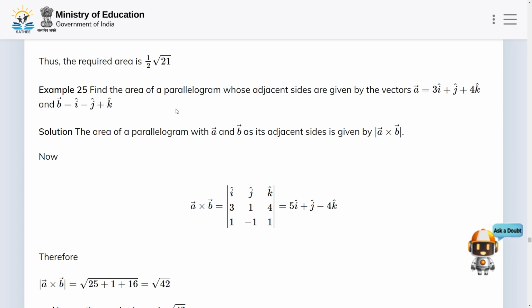Now next example, find the area of a parallelogram whose adjacent sides are given by the vectors A and B. Now the area is quite simple. Just find the cross product and then find the magnitude. You will get the area of the given parallelogram.